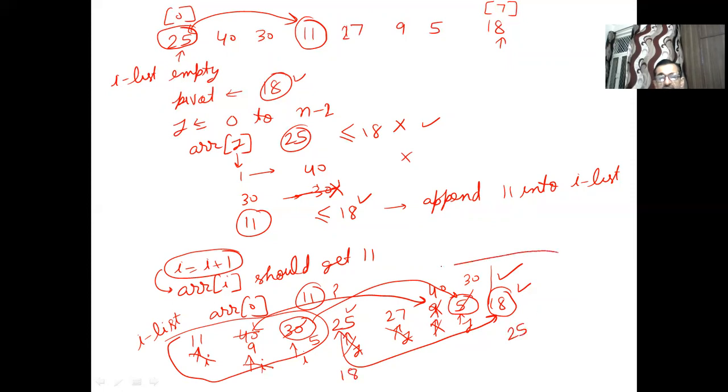I can easily see the values on the right of the pivot are greater than the pivot value. So this becomes the overall logic of the quicksort implementation.